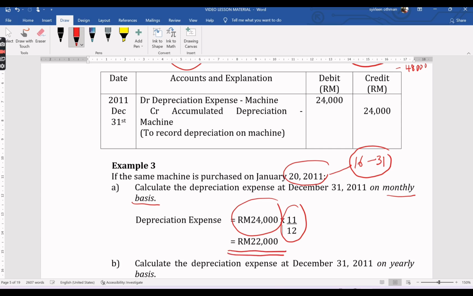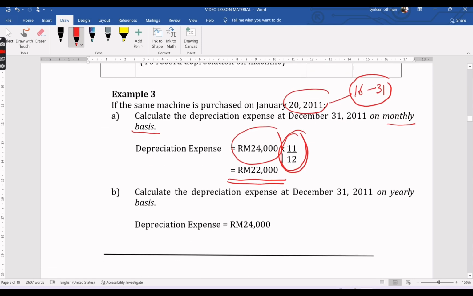Ada nampak beza kan? If you are using the yearly basis, your depreciation expense will be 24,000. If you are using the monthly basis, your depreciation expense is down to 22,000 because we are calculating for only 11 months.